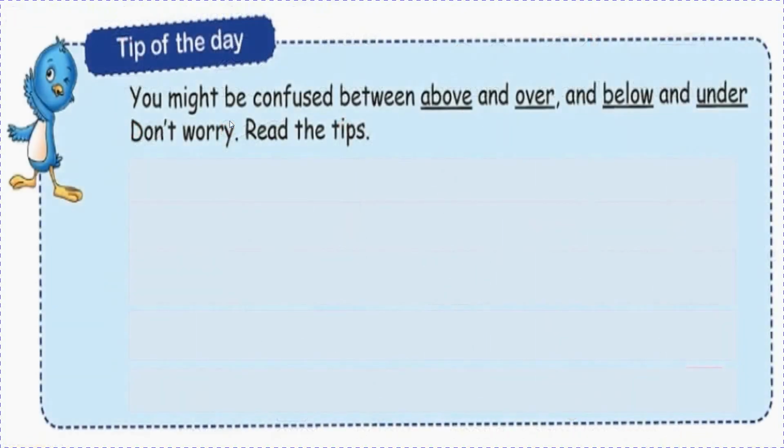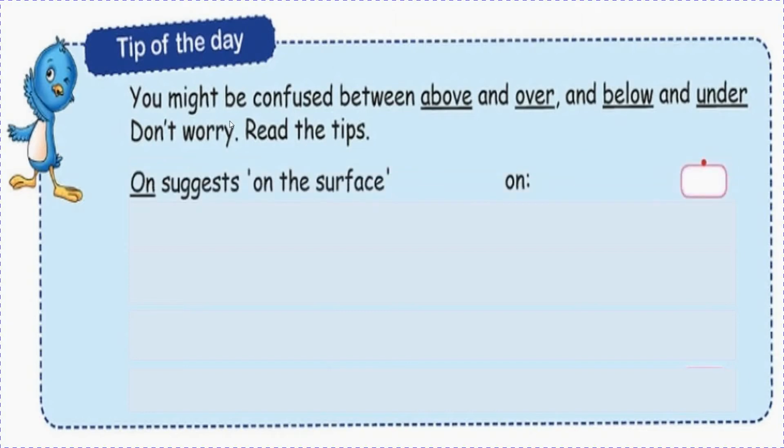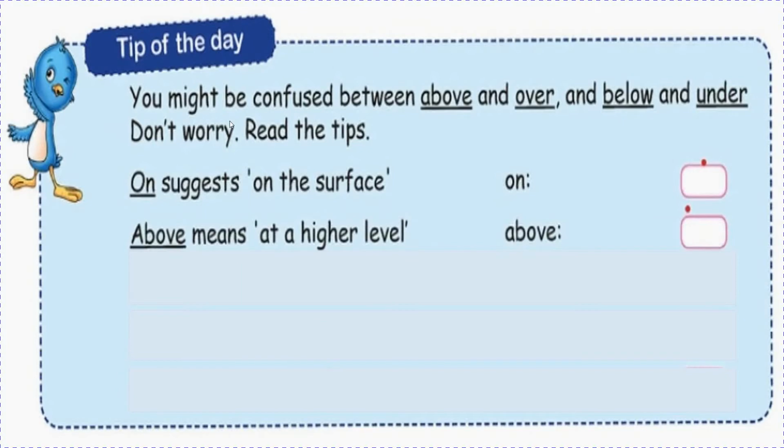Tip of the day. You might be confused between above and over. Many students think that above and over are the same. In the same way, below and under are the same. But don't worry, let's read the tips. On suggests on the surface. Above means at a higher level, anywhere at a higher level.